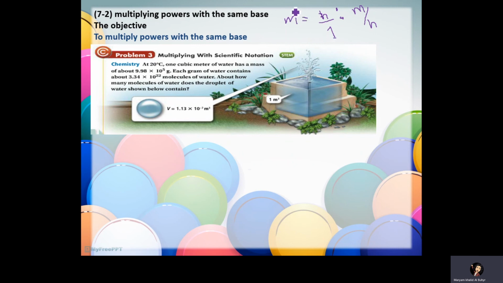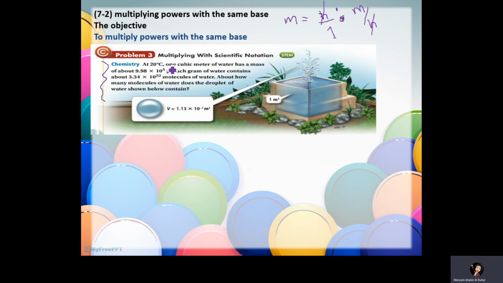I need meter. So I wrote my 2 quantities so I can cancel this one with this one between the multiplication, and the remaining is m over 1, which is what I need. That's exactly the same idea here. So that's what we are going to do.